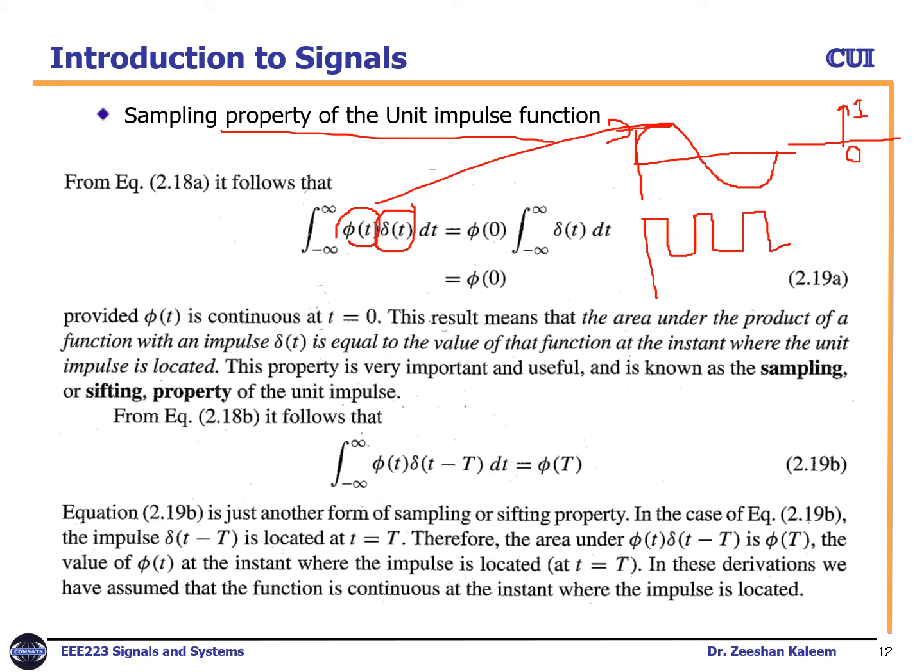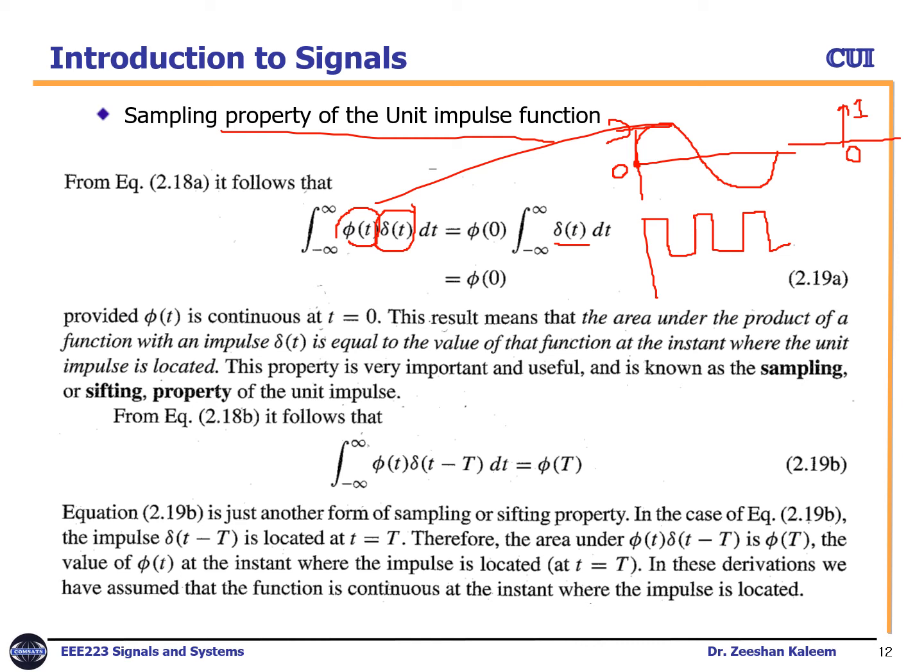So it means that if we put time equal to 0, for example, this is our function phi(t), and this is time 0. If we multiply it with an impulse, like this one, which has amplitude of 1 at time 0, what will we get in the result?